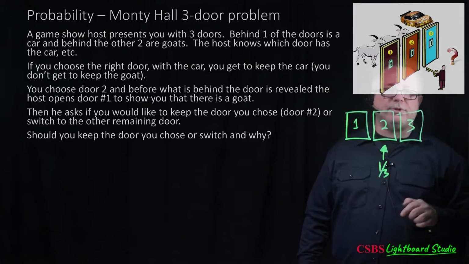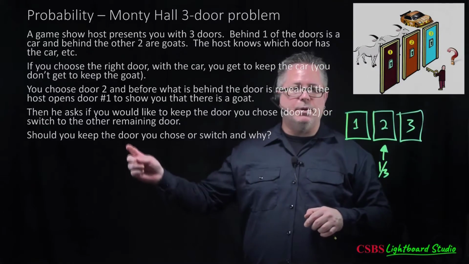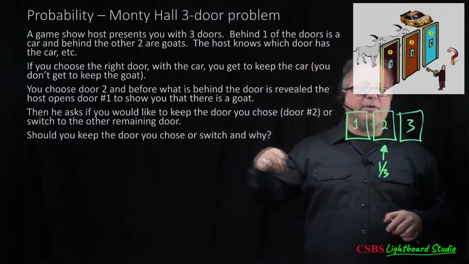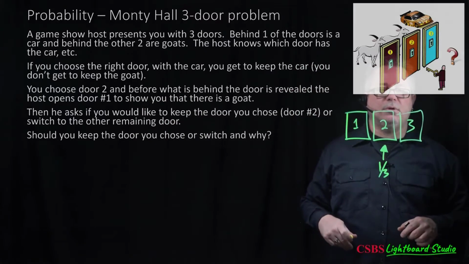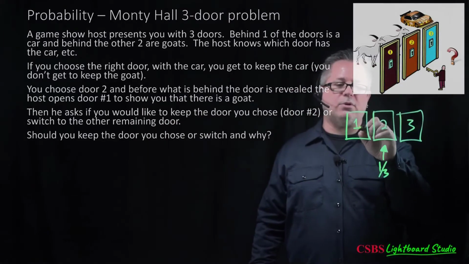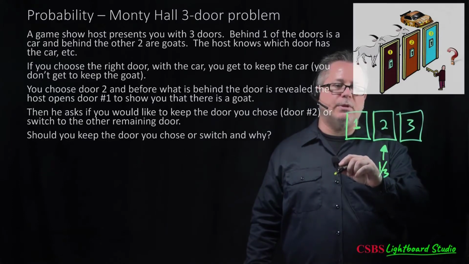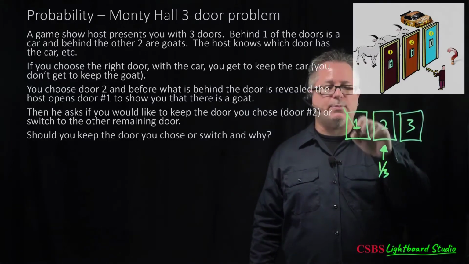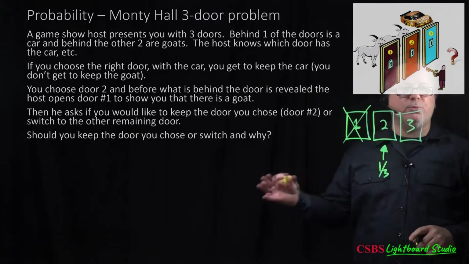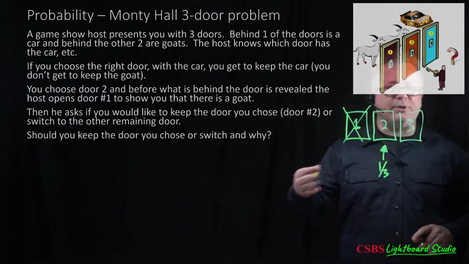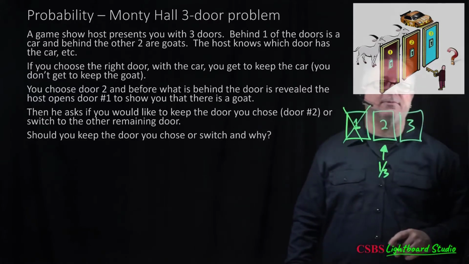But to make things more interesting, before what is behind door number 2 is revealed to you, the host says, all right, so you picked door number 2. I just want to tell you that for sure the car is not behind door number 1. So the host will remove a door, show you the goat behind it.